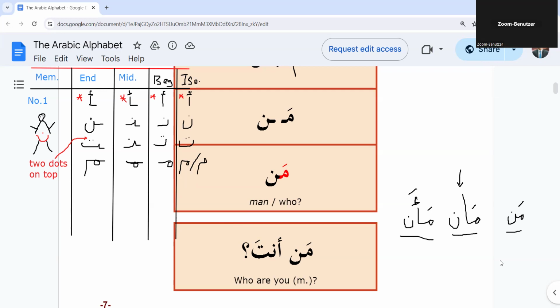So until now, we studied a and n, t, m. Okay, now we can go further. Can you read this sentence or this question? How many words are here? Two.